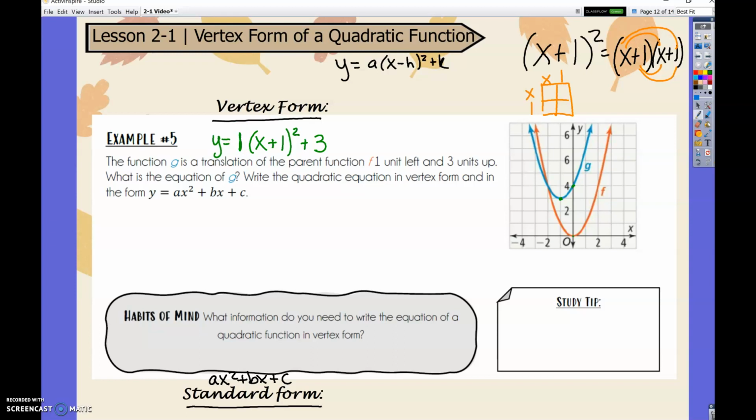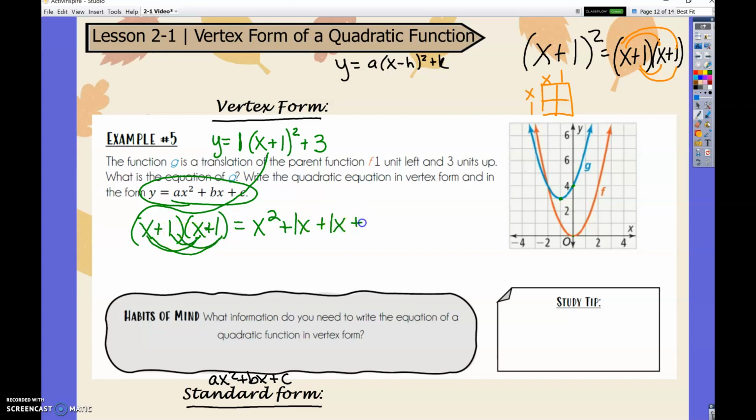But now, they want us to also write it in ax squared plus bx plus c. That means we need to take this vertex form and multiply it out. So just as I mentioned before, when you see x plus 1 squared, as we do here, we need to write it out as x plus 1 times x plus 1. Let's go ahead and try that. x times x would be x squared. x times 1 is 1x. 1 times x is 1x.